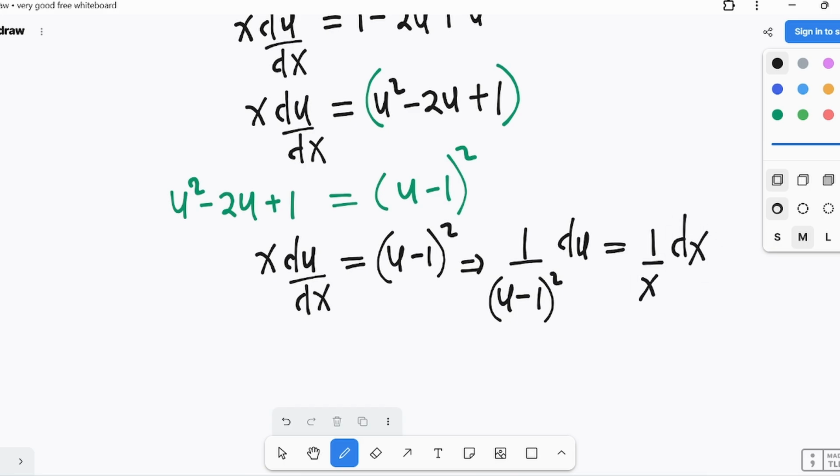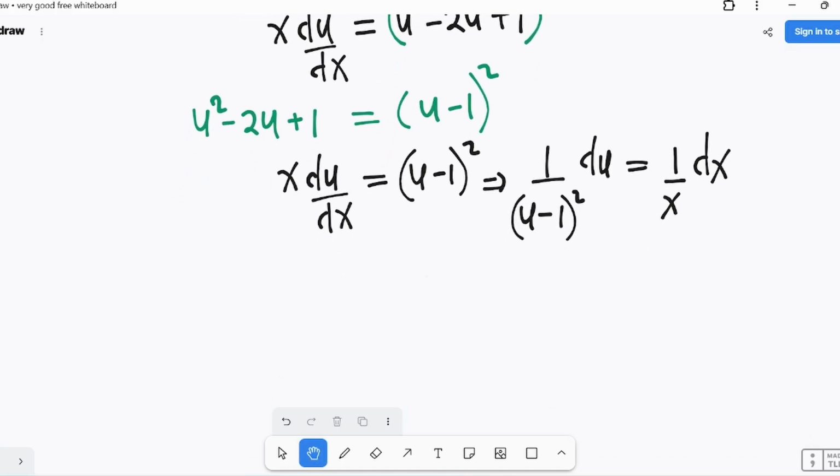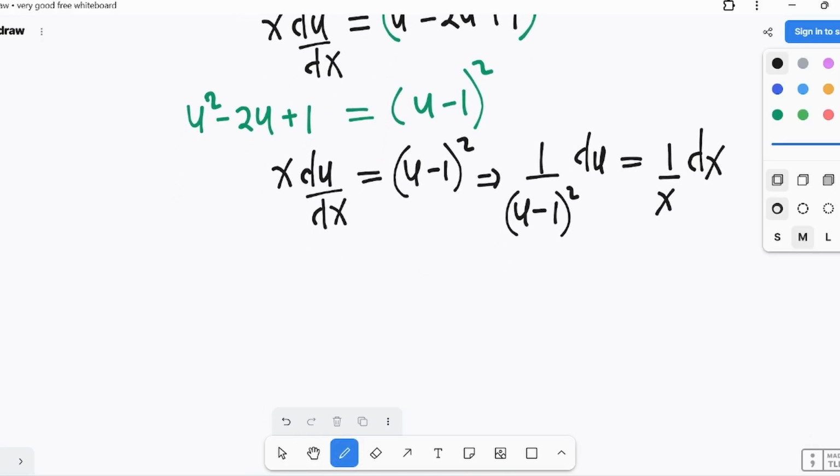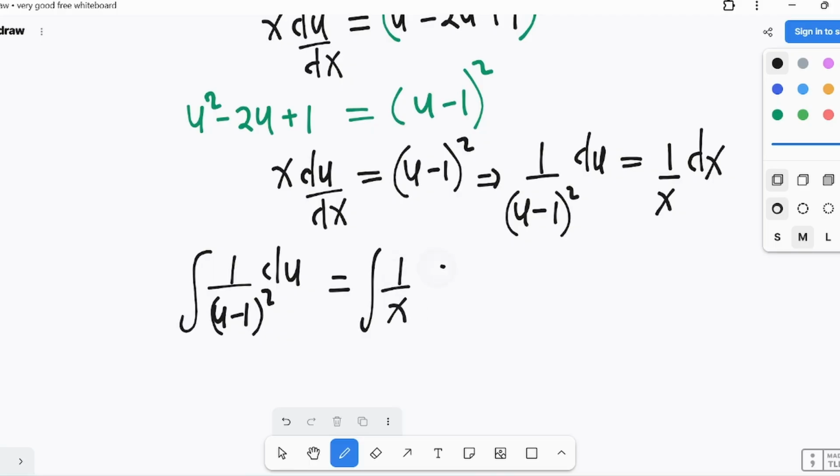The next thing is to integrate. So we shall have the integral of 1 out of u minus 1 everything squared du is equal to the integral of 1 out of x dx.